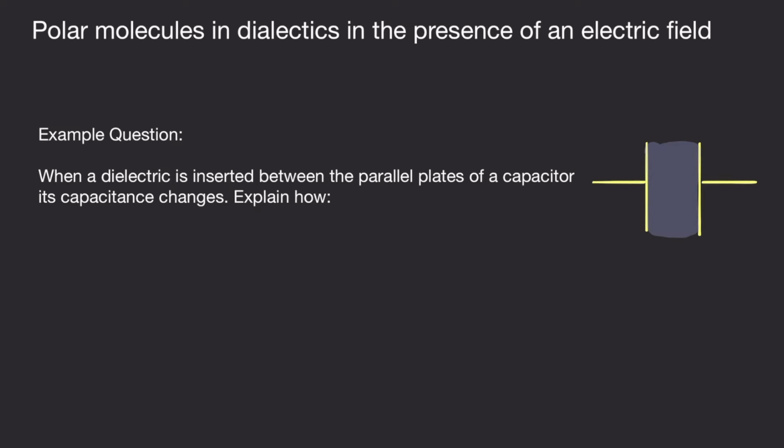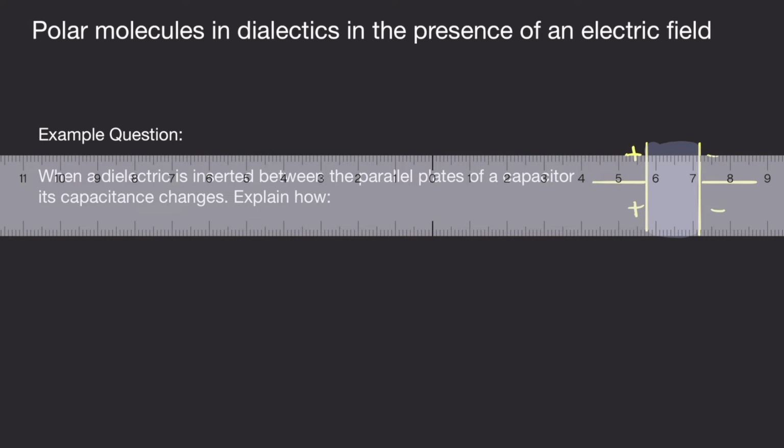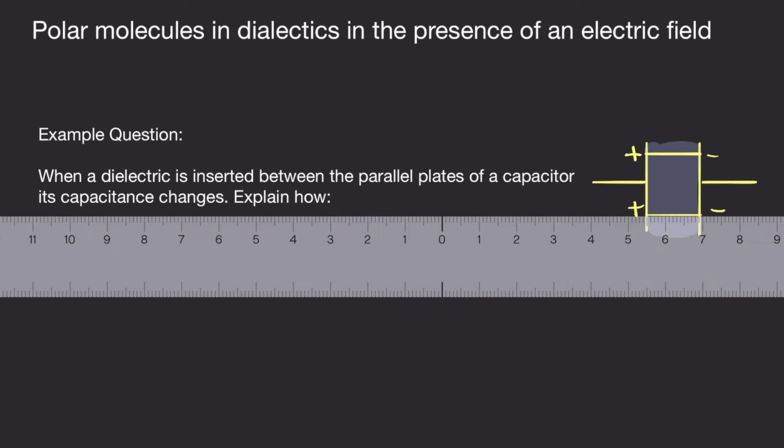The first thing to note is that there's going to be some electric field between the plates. Let's say that this is a positive plate and this here is a negative plate. There's going to be a field from positive to negative just due to the parallel plates of the capacitor.